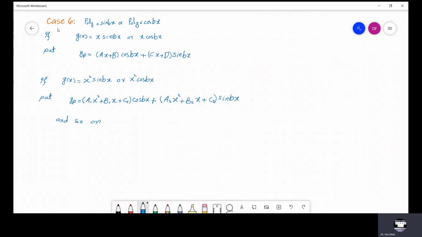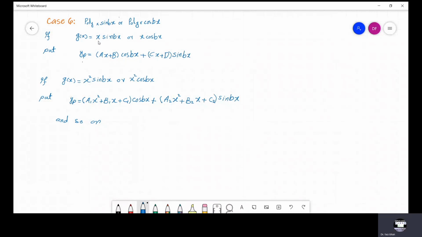Case number 6. If we have the product of a polynomial with sine function or with cos function, then how to find yp for that problem? Let us see some particular cases. If g of x is equal to x sine bx or x cos bx, we shall put yp is equal to (ax plus b) cos bx plus (cx plus d) sine bx.